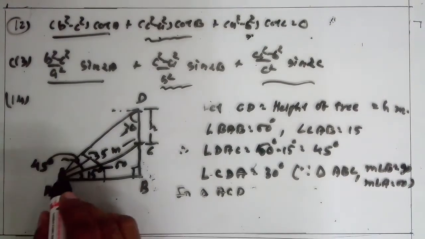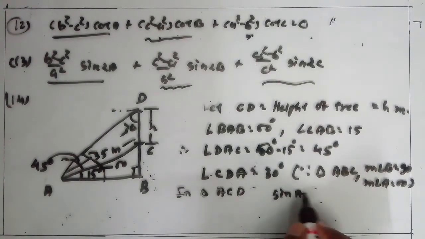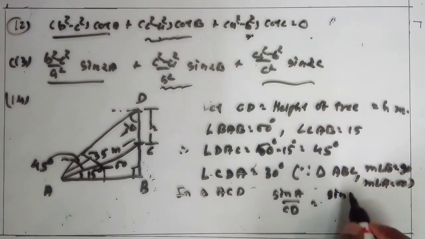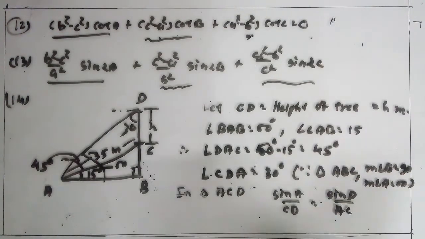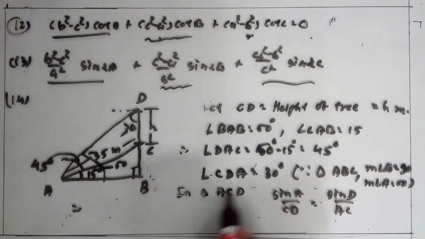In triangle ACD, we apply the sine rule. Sin A upon the opposite side CD is equal to sin D upon the opposite side AC. Think why we take this angle and side, and why we apply this sine rule in these triangles.